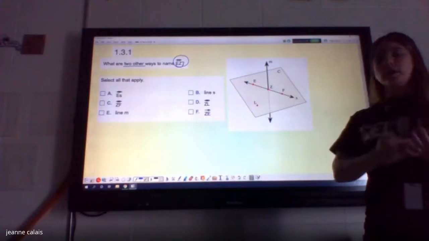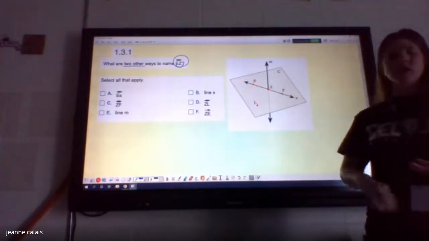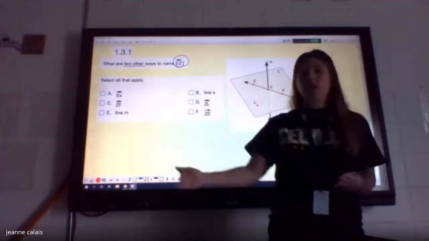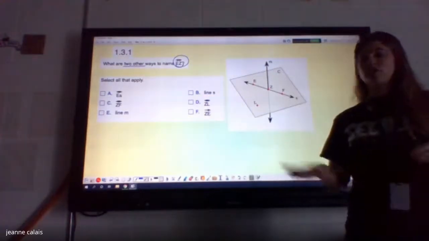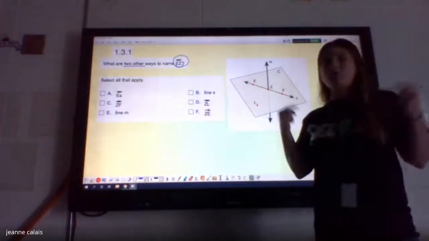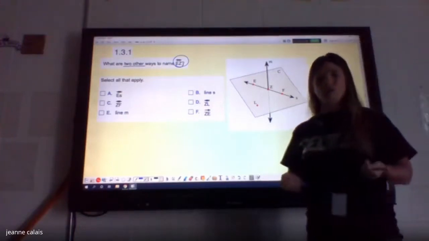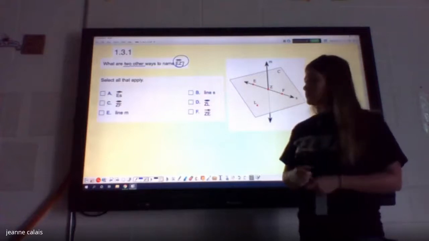Very important. Read the question, read the question, read the question. I cannot stress that enough. And I'm starting on day 1, and we're going to go all the way through January, repeating the same thing. You have to read the question. You have to read all the choices. Then go back and read the question again. Make sure you understand what it's asking for, to where you can answer it appropriately.